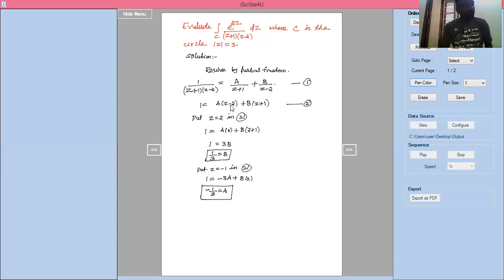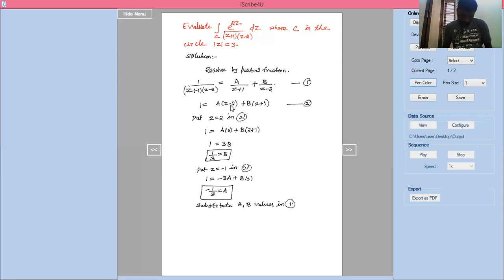Now I found the values of a and b. I can substitute them in equation 1.